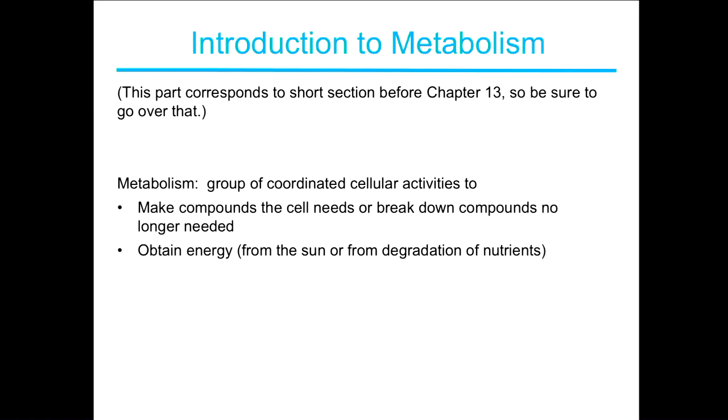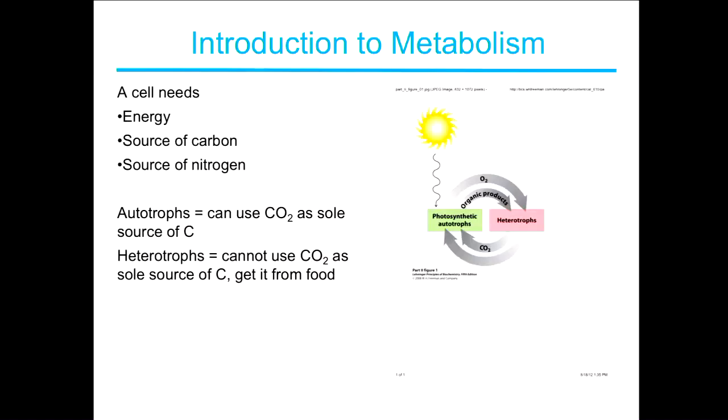And as we go about making things or breaking things down, we also need to have some energy. We get energy by breaking things down. We use energy when we build things up.